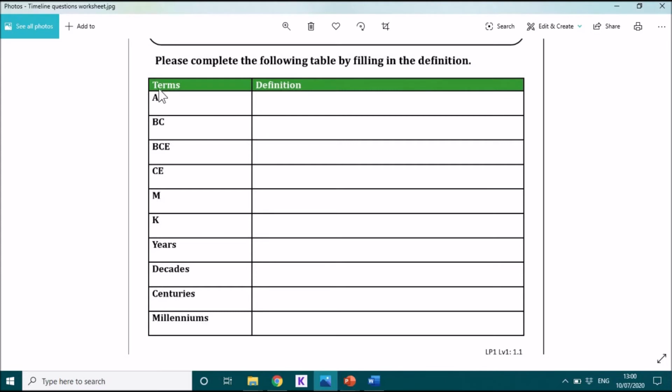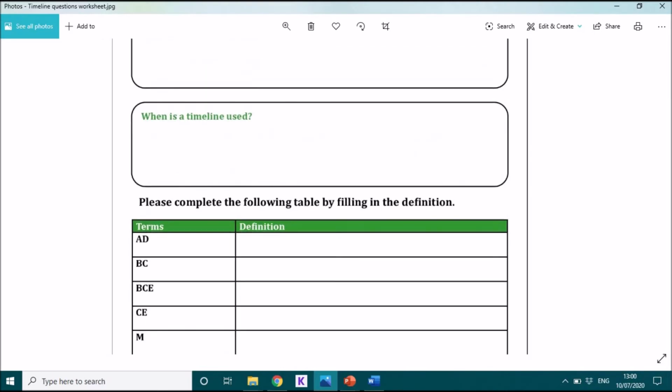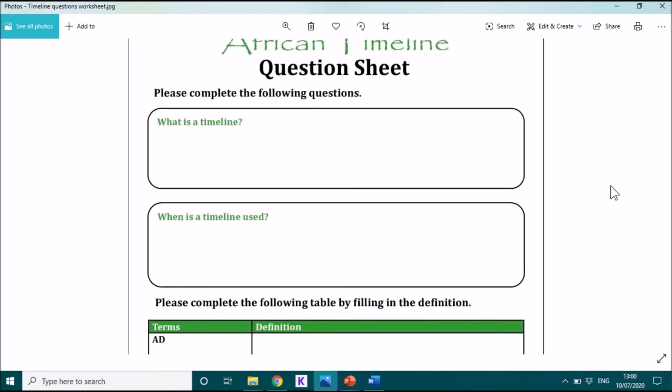But some of them you're going to have to do your own research, like this one, AD. Didn't tell you what that meant. I'll give you a little hint now. It's Latin. I want you to find out the definition. BC, I want the definition. And so on. Okay? Complete that activity to build on your knowledge.